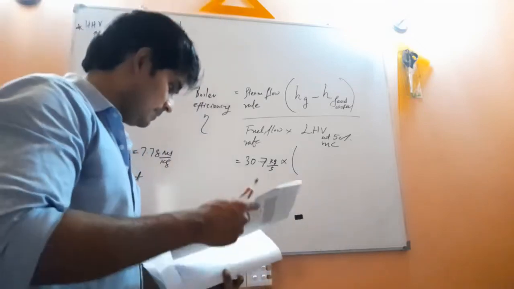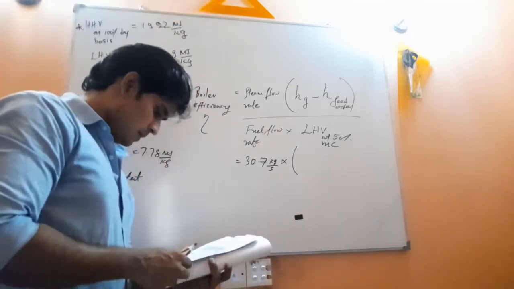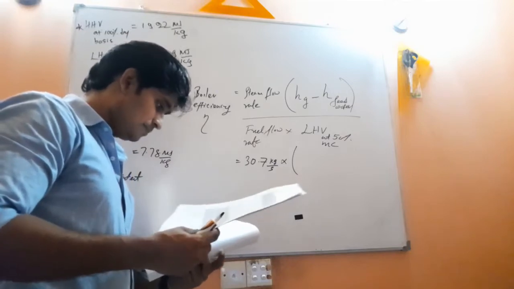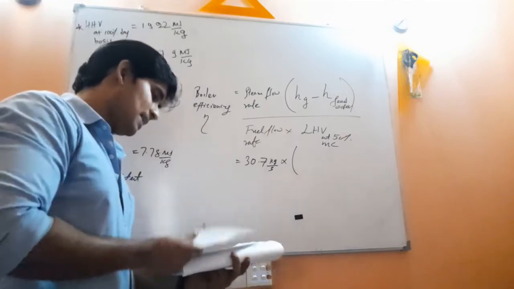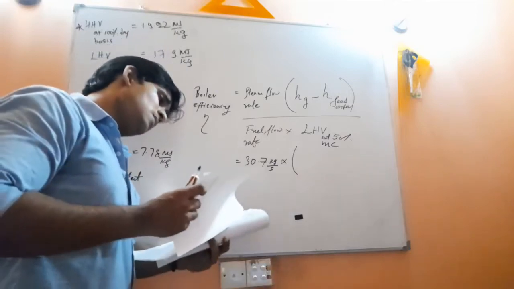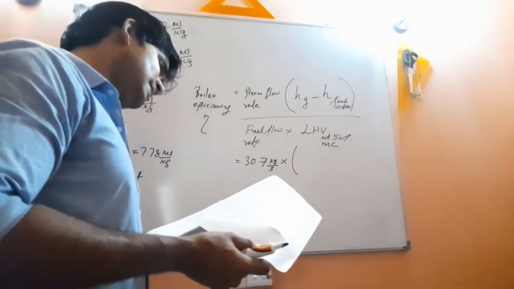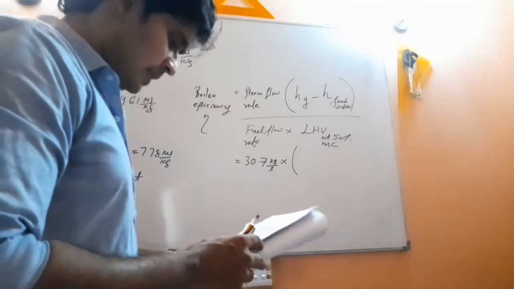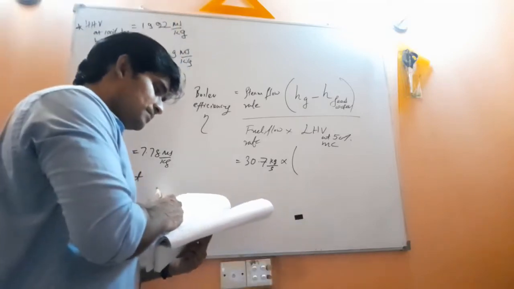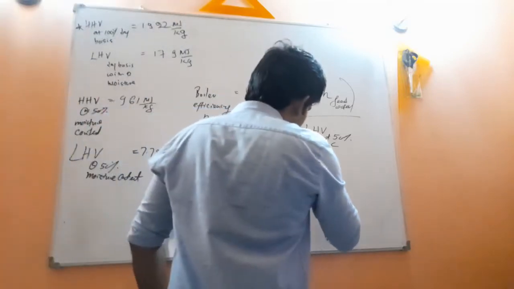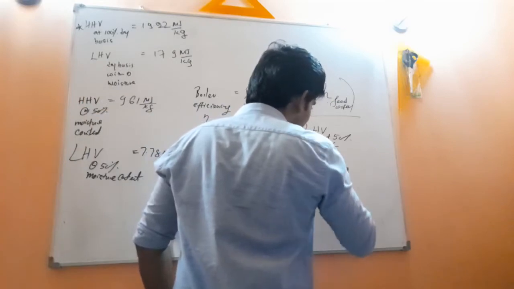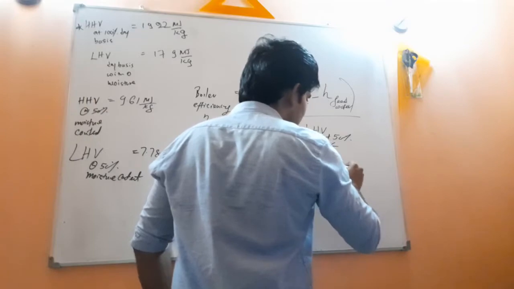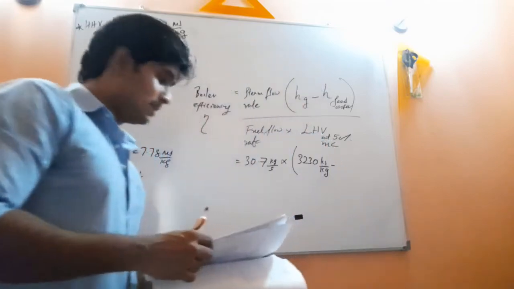From the steam table, the enthalpy of steam at 30 bar and 400 degrees Celsius is 3230 kilojoules per kilogram minus enthalpy of feed water.